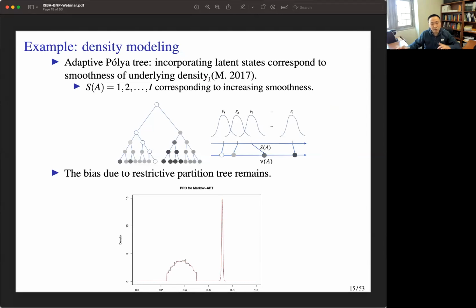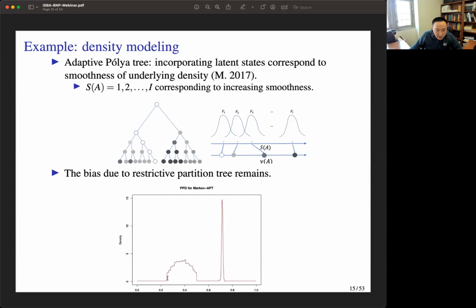If I use the most advanced machinery, which was described in my 2017 paper called the adaptive Polya tree, in which case I put some latent state that follows a Markov structure. You can imagine that the latent states correspond to the smoothness of the function underlying the density. And the latent state Markov model allows us to identify the appropriate smoothness in different parts of the sample space.